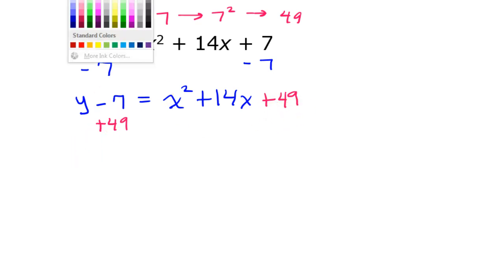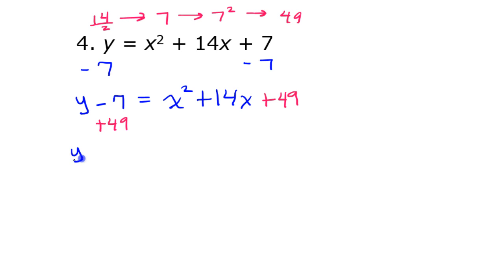So this is going to leave me with y plus 42 is equal to. Let's go ahead and factor this down. It will always factor as the same thing twice. So I know I'm going to have x times x. 49, of course, is 7 times 7. The fact that this is positive tells me that these will both be positive.